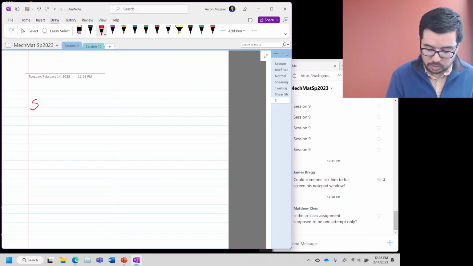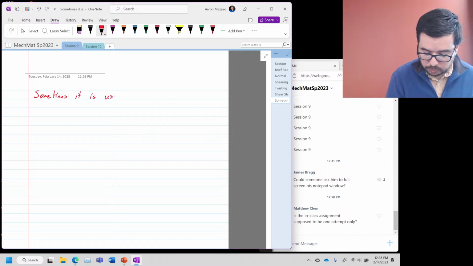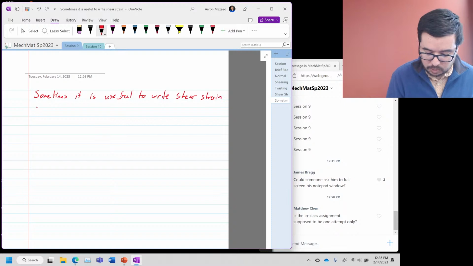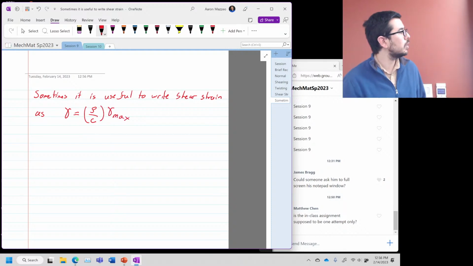Sometimes it is useful to write shear strain as gamma equal to a ratio of rho over c times a max strain.